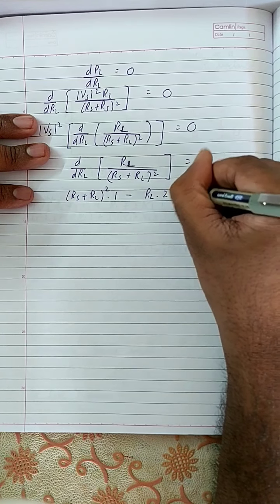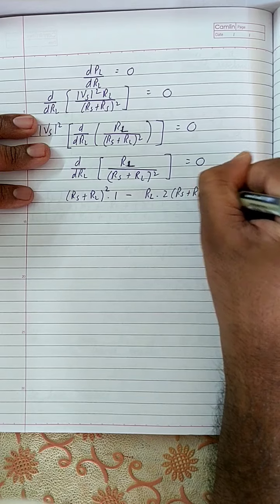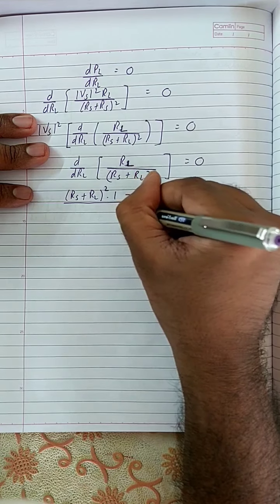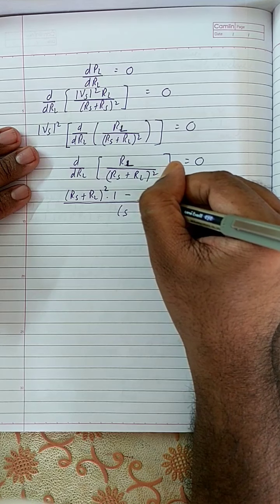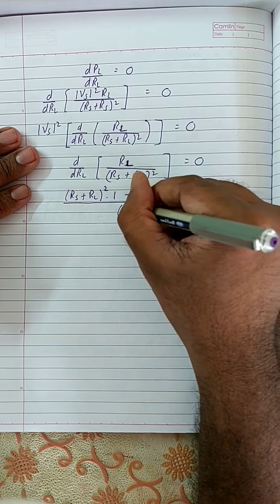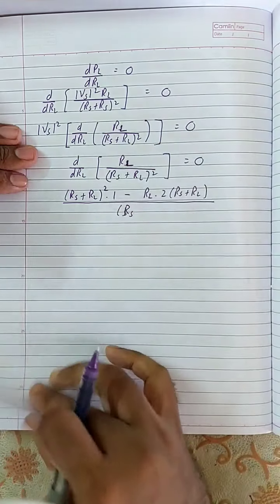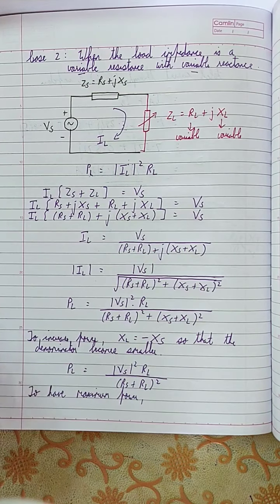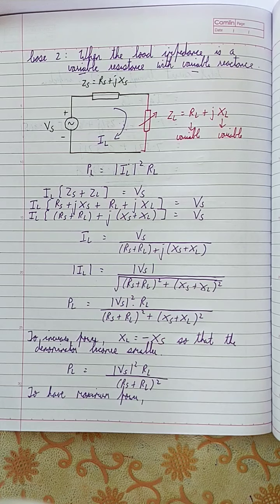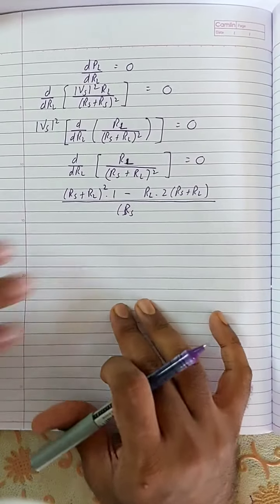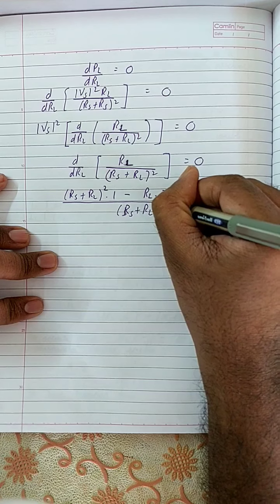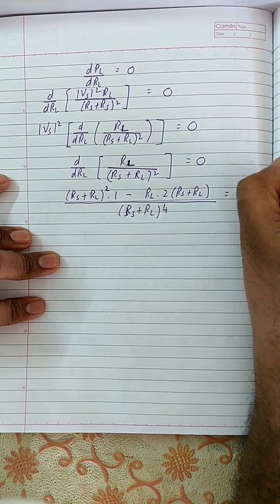Into 2 into RS plus RL, by RS plus RL the whole raised to 4, equal to 0.